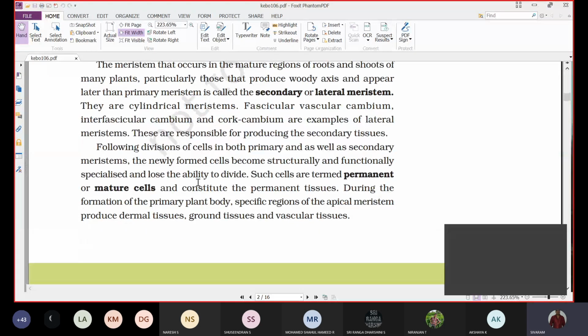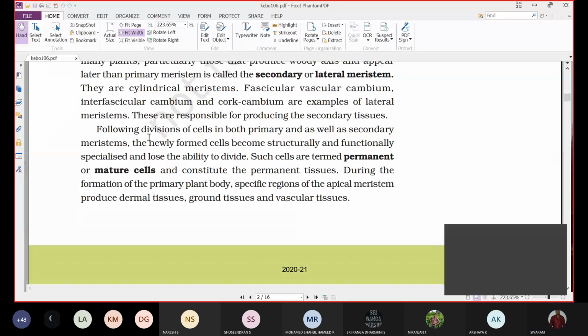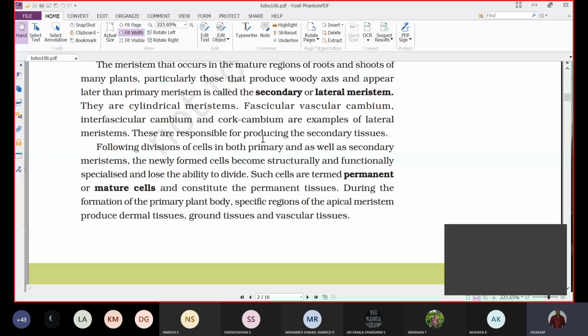And next, remember very clearly, we'll come across all these later. The following are examples of lateral meristem. These are responsible for producing the secondary tissues, which are responsible for secondary growth in plants.